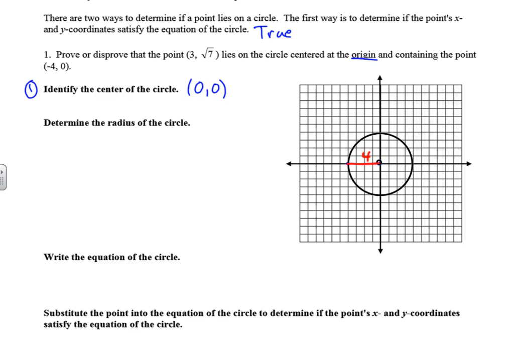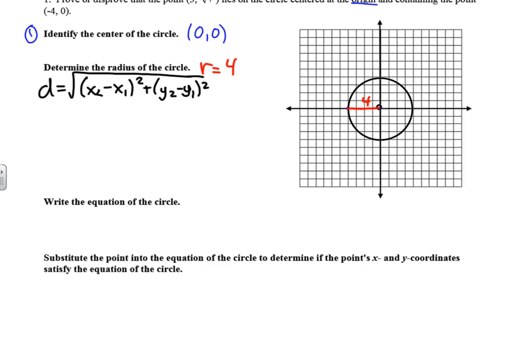So r equals 4. In other instances, if it's not a horizontal or vertical line, we might need to use the distance formula: x2 minus x1 quantity squared plus y2 minus y1 quantity squared, then take the square root to find the distance.